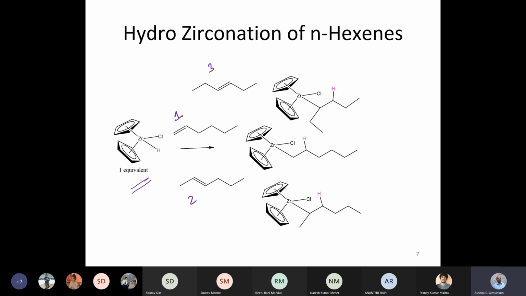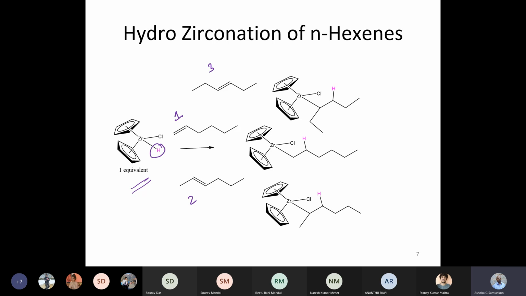You expect them to add the hydride, and it happens like that. It does add the hydride and form an intermediate in this fashion, right? So these are the first steps that happen when you add a Schwarz reagent to an alkene.